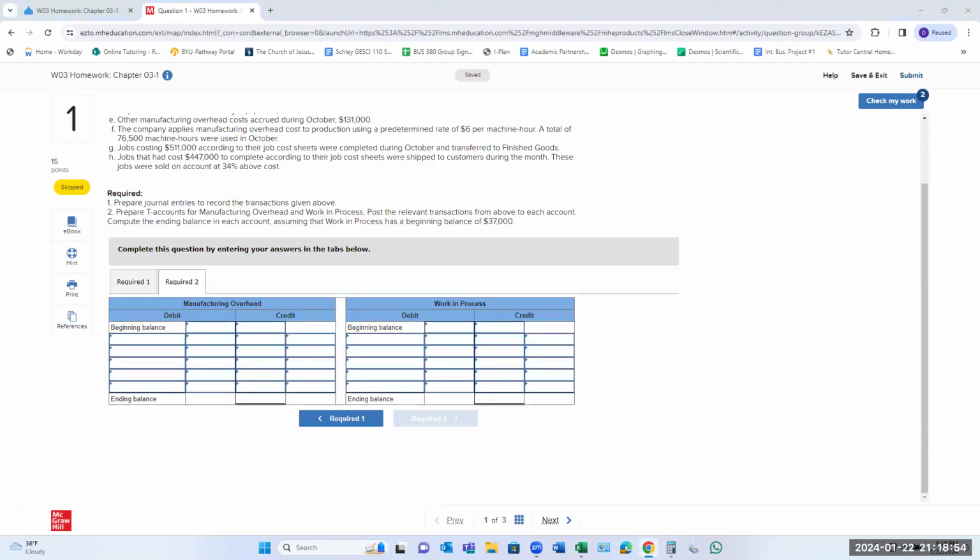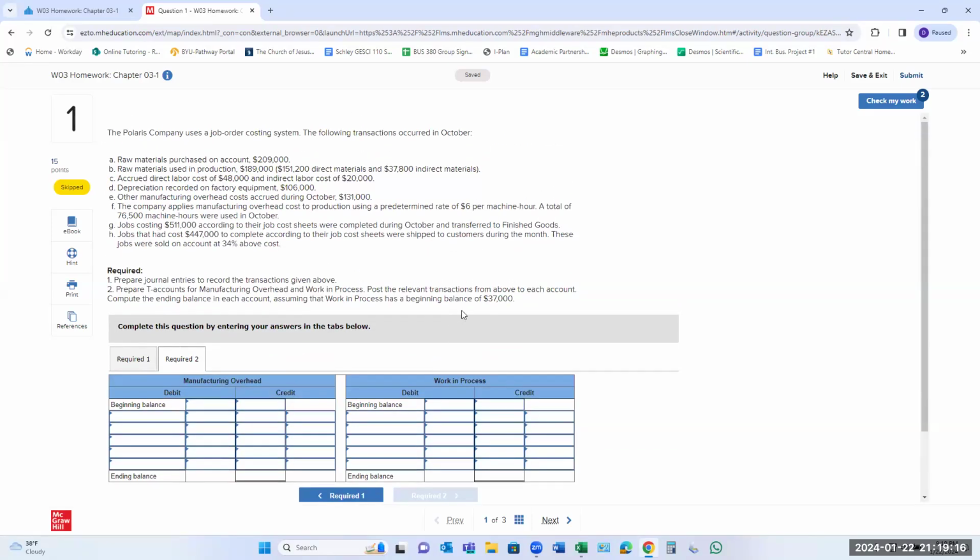Required 2. Okay. So this one's going to require going back and forth a little bit between required 1 and required 2, because what we're going to do now is prepare the T accounts for just manufacturing overhead and work in process. And I'm going to take note really quick in part 2 right here.